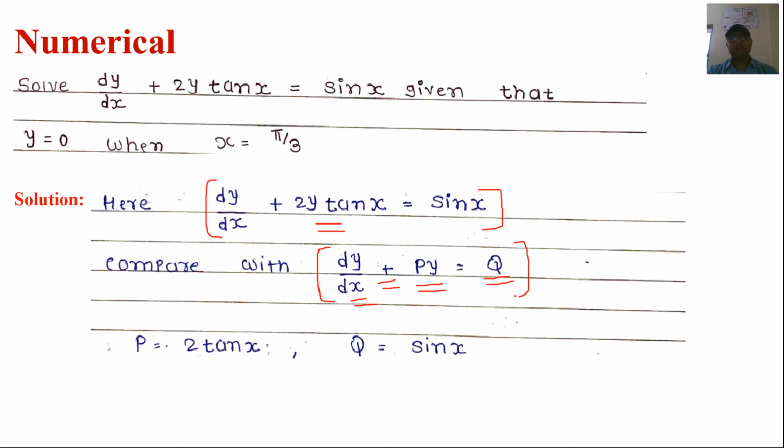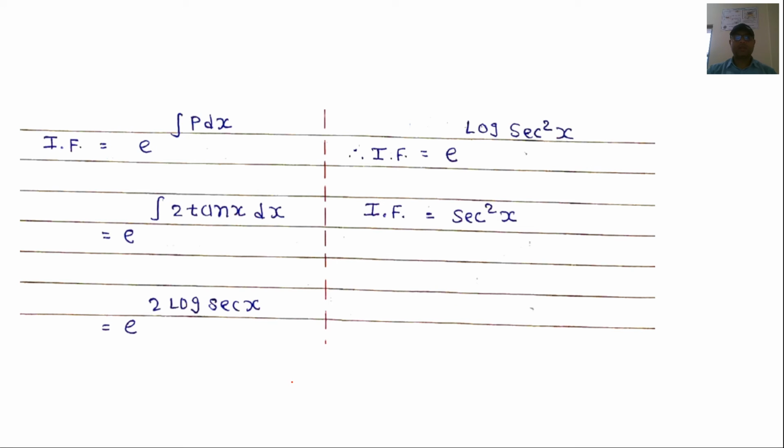So by comparing with the standard form, you will get p is equal to 2 tan x and q is equal to sin x. So here you can observe that p and q both are functions of x. Now here the derivative is dy by dx.